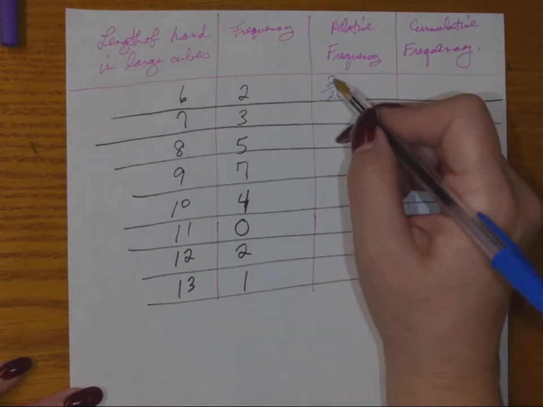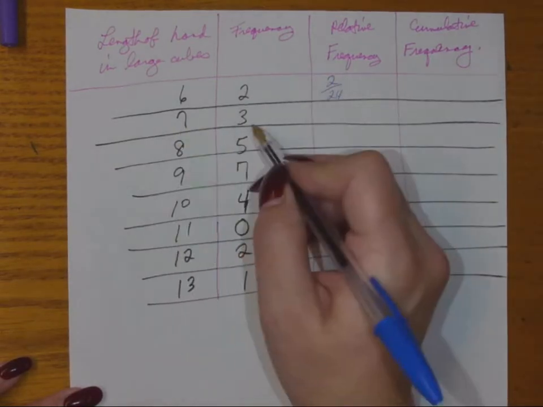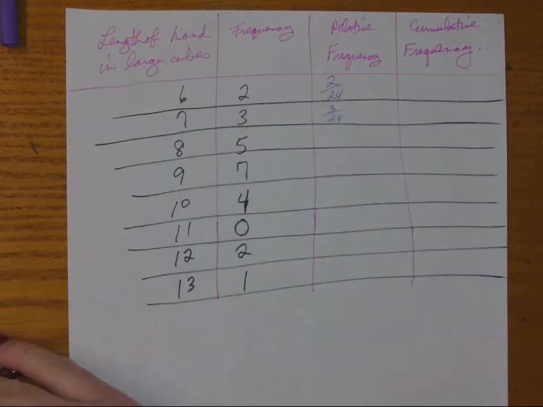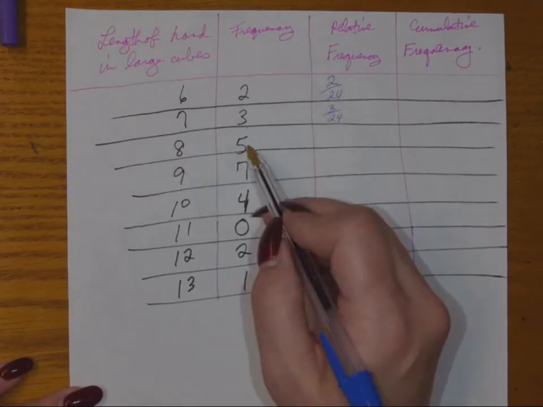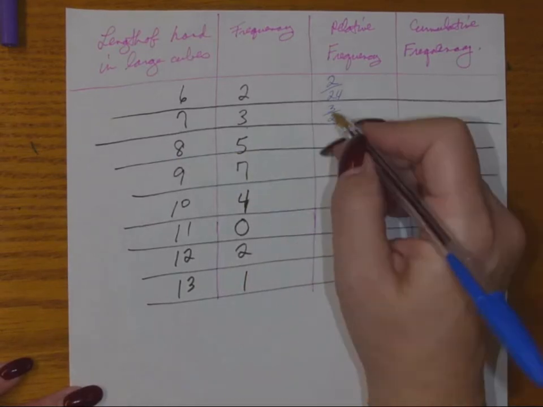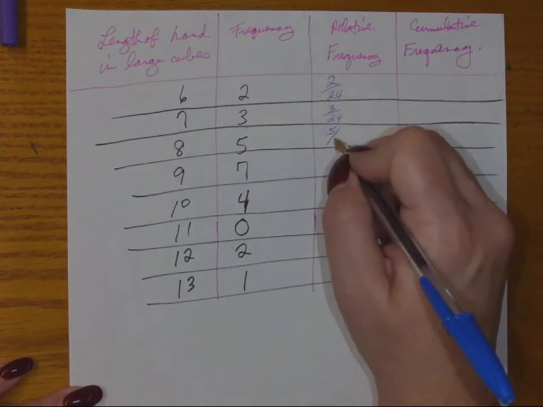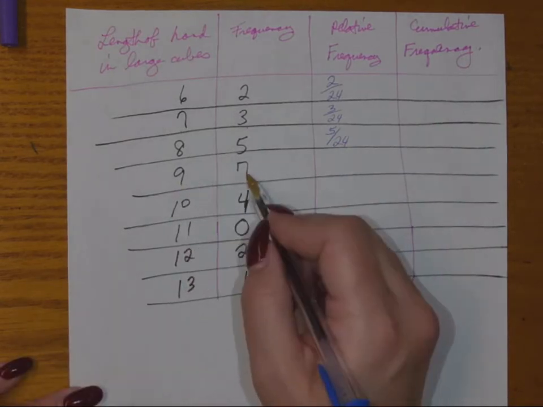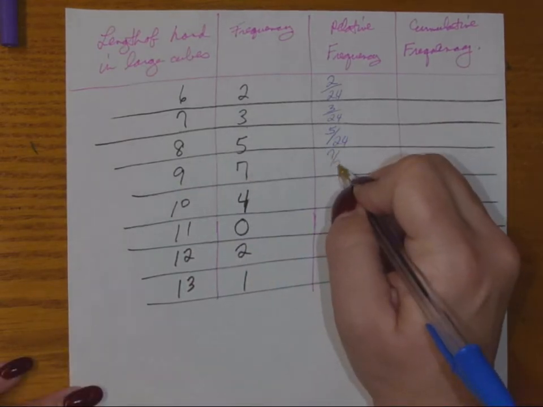Okay, so 2 out of 24. For 7 cubes, there were 3 people, and the total was 24. So that's 3 out of 24. Does that make sense? Okay. For 8 cubes, there were 5 people who said they had that, so that's 5 people out of 24 in the total. So 5 24ths. For 9 cubes, there were 7, and I have 7 out of 24.